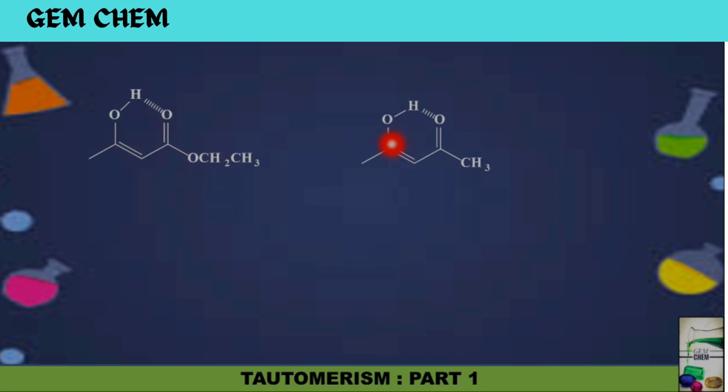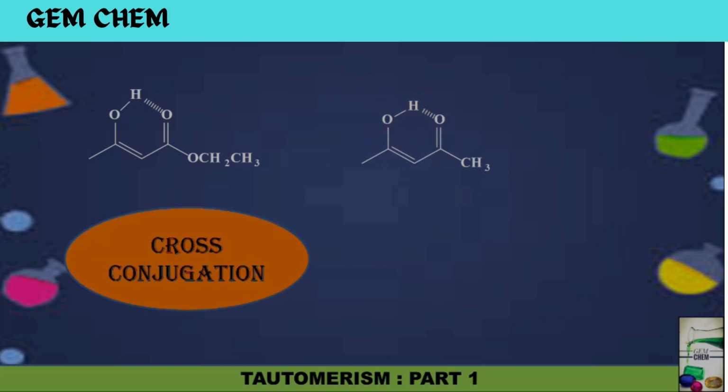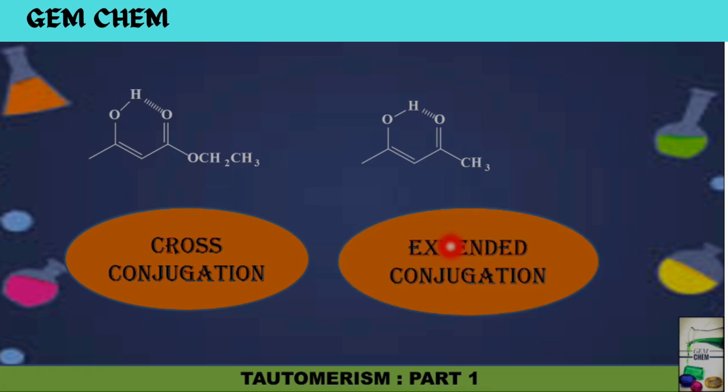But in this case, it is only unidirectional, and the resonance is occurring throughout one particular chain. So here we can see that there is the presence of cross conjugation. As a result, stability due to cross conjugation is not more than in this case, which is extended conjugation. As a result, the enol content of ethyl acetoacetate is lesser than the enol content of acetylacetone.